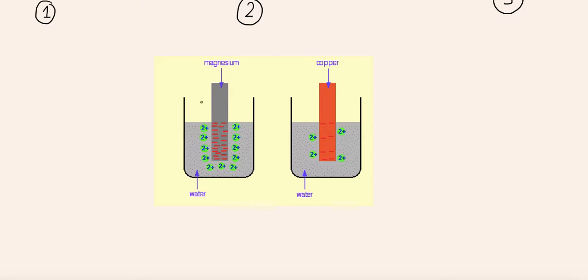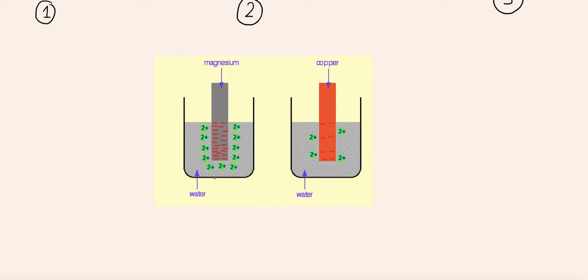Okay. Now, what do you say? Where is the bigger difference between the positiveness and negativeness? In the magnesium electrode, you can see that a lot of electrons and a lot of positive charges are present.